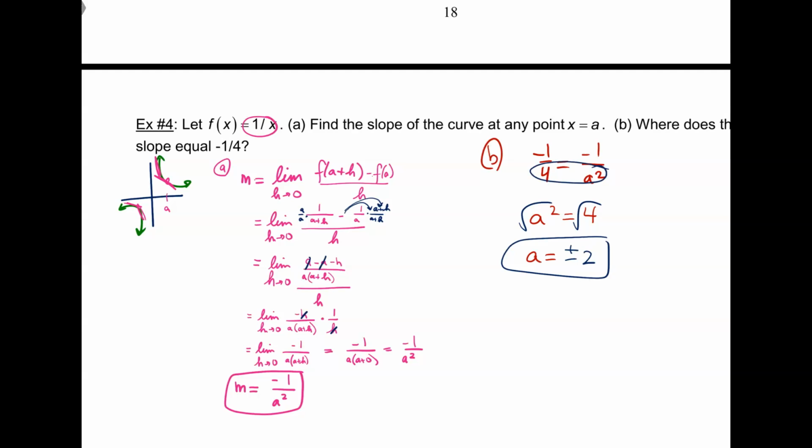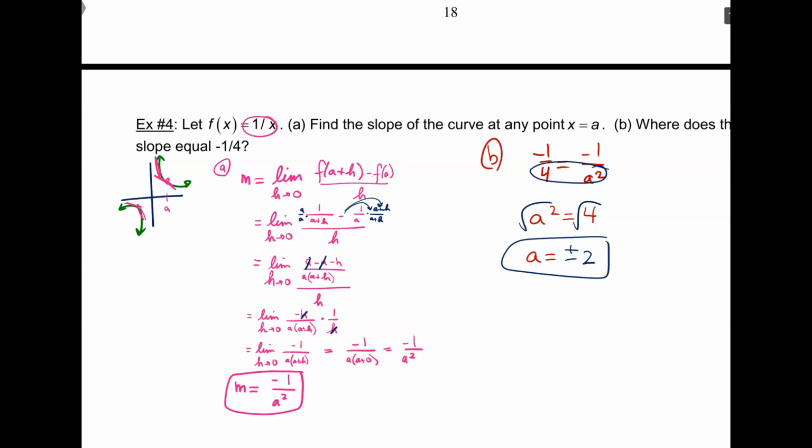What do you mean plug into the equation? Negative 1/4 is not my a. Negative 1/4 is the slope, it's not the x value. So then how do you know to do that?